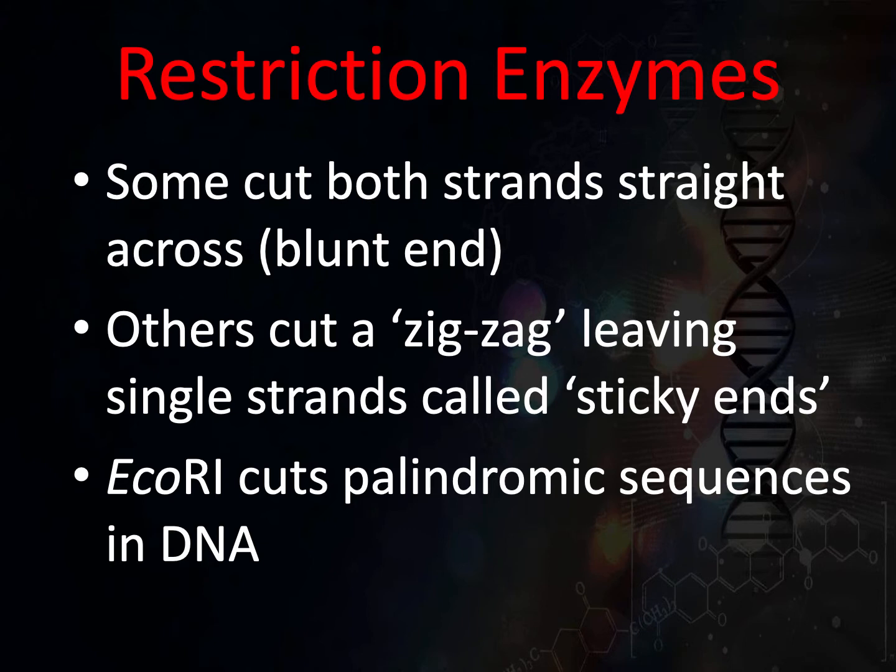And EcoRI, which is an enzyme we discussed a little bit already, cuts at specific, what are known as palindromic sequences in the DNA. So a palindrome, if you remember from English class, is a sequence that's the same forwards as it is backwards. So let's take a look at what EcoRI does, and it'll make a little bit more sense.